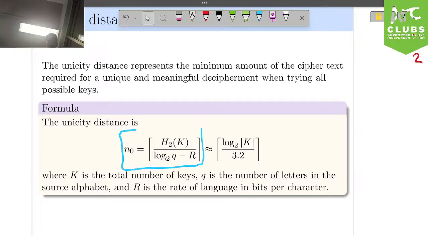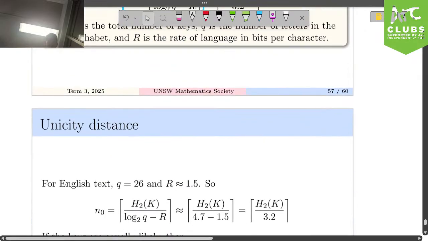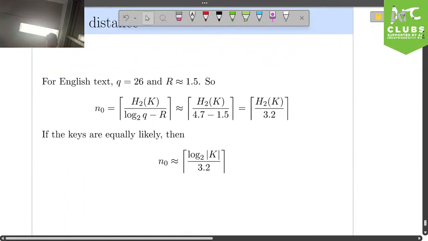This is the formula. But for English, we can do combinatorial arguments, and it simplifies down nicely into the ceiling of log base 2 of the number of possible keys, divided by 3.2. Here's the proof of that.